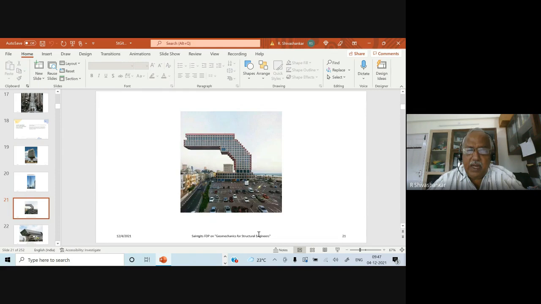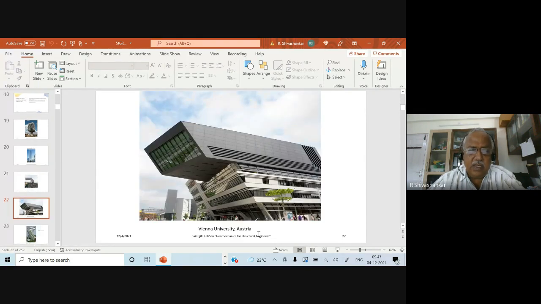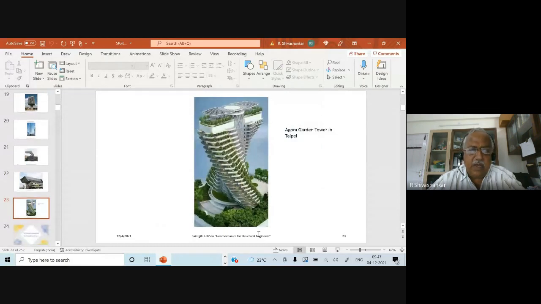Or some building like this, or this is the Vienna University in Austria, or you must have seen this building in Republic of China. So all these are structures that are built, but supporting them is also the foundation. So the foundation also will be complex, and you'll have to understand the relationship between the foundation and the superstructure.